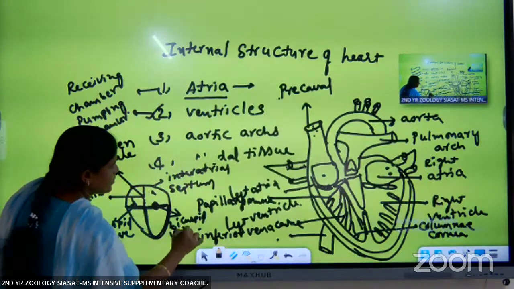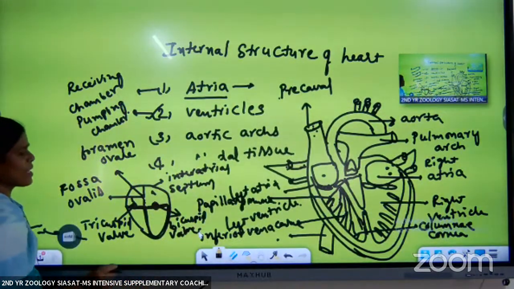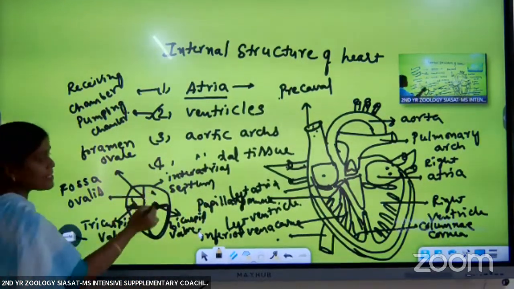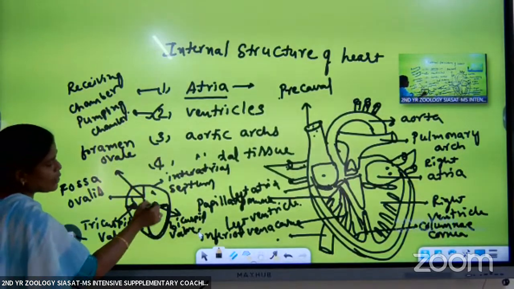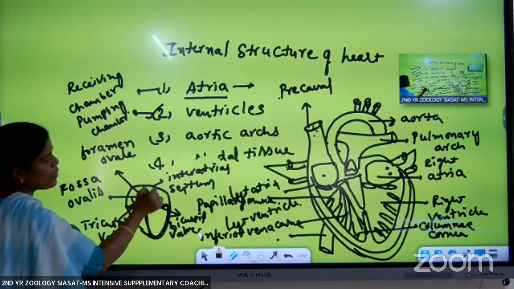What is the use of the bicuspid valve? It prevents the blood from flowing back from the left ventricle to the left auricle.